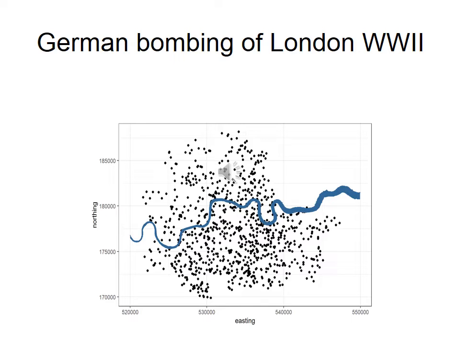The thing that looks like a wiggle worm is actually the Thames running through London. What we are concentrating on are bomb craters produced by German bombing. They appear as dots. The question is, are they randomly distributed or is there some pattern to it?